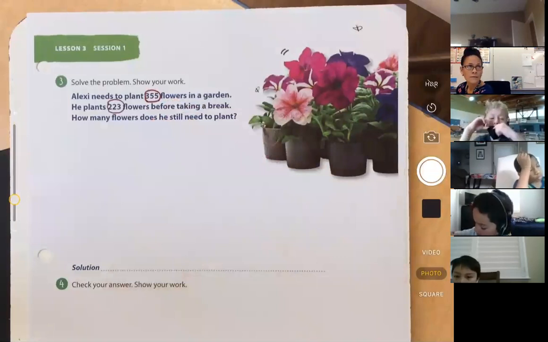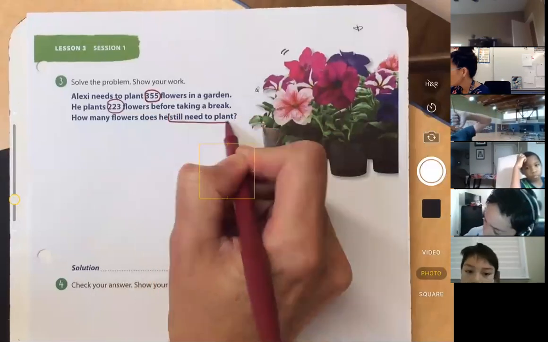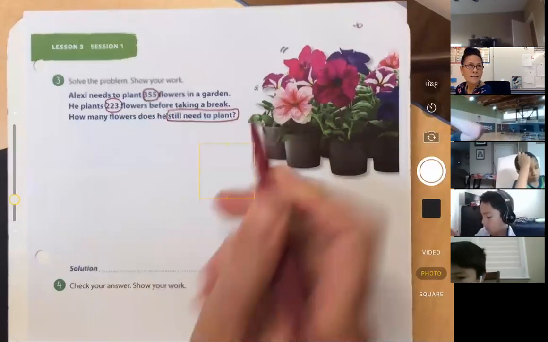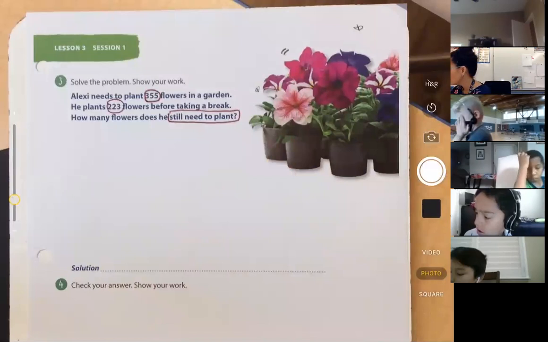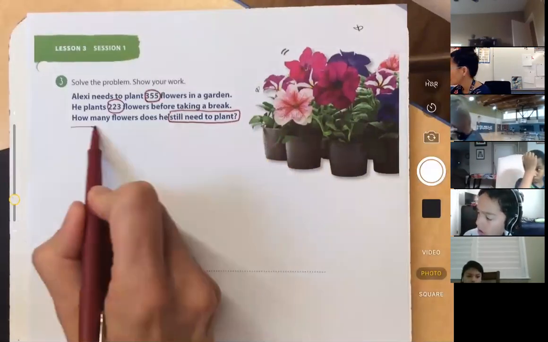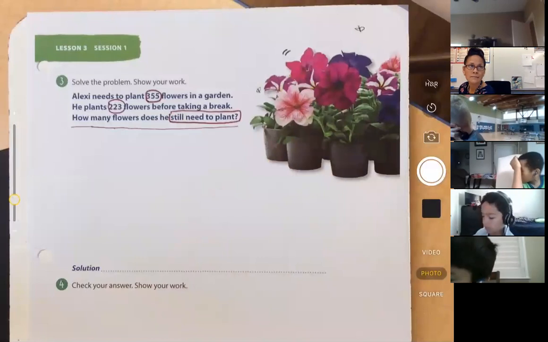The key words for me are still need to plant. That is telling me that that is a subtraction problem. The actual question is, how many flowers does he need to plant?